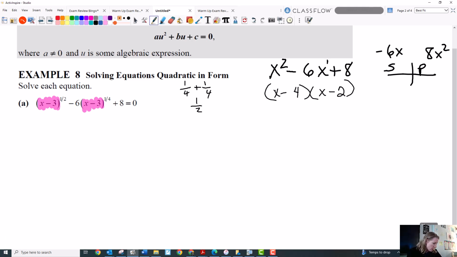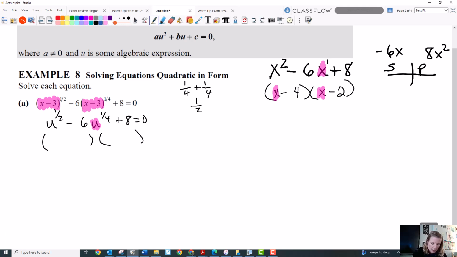So what this one actually factors into, you look at it like it's a u: u to the 1/2 minus 6 u to the 1/4 plus 8 equals 0. And what this actually factors into is the same as this one, except where that's an x, this is a u to the 1/4.